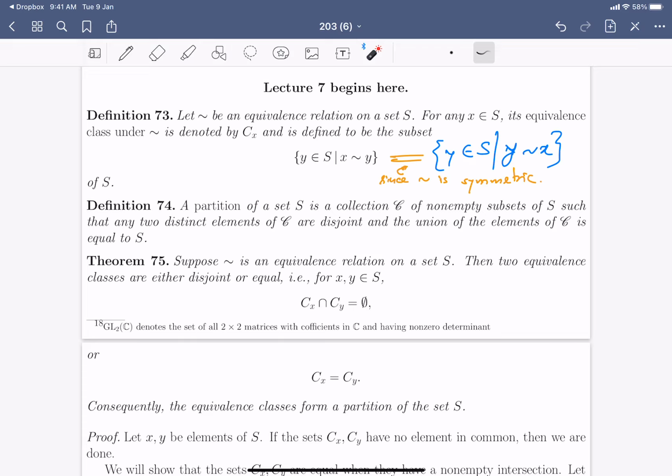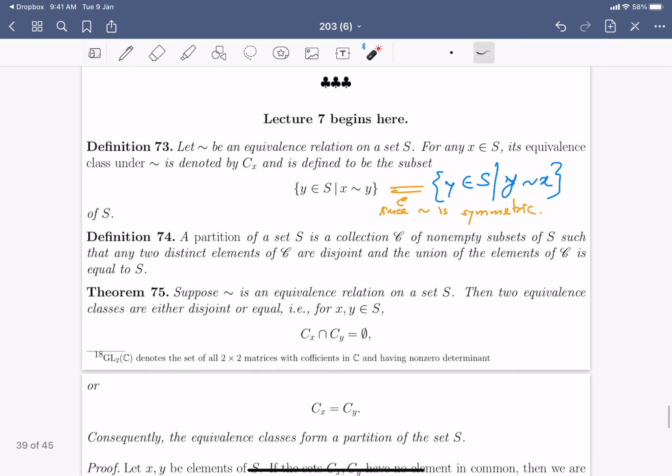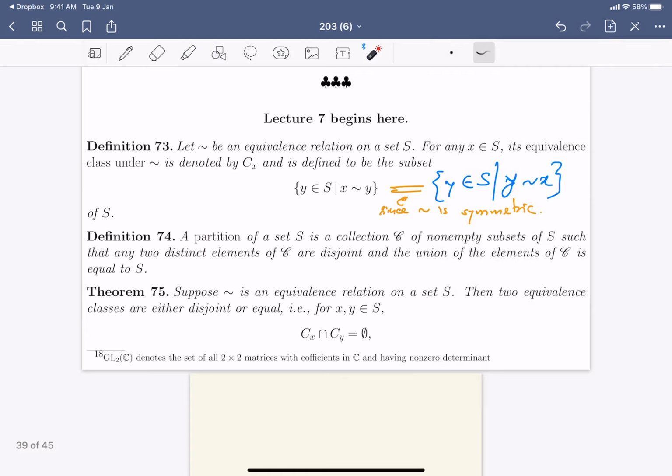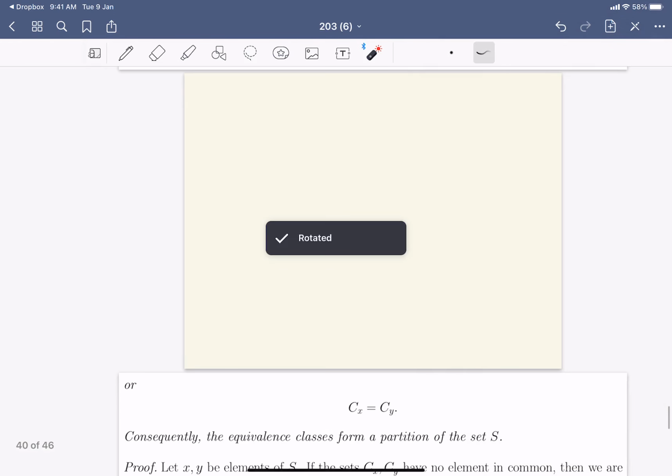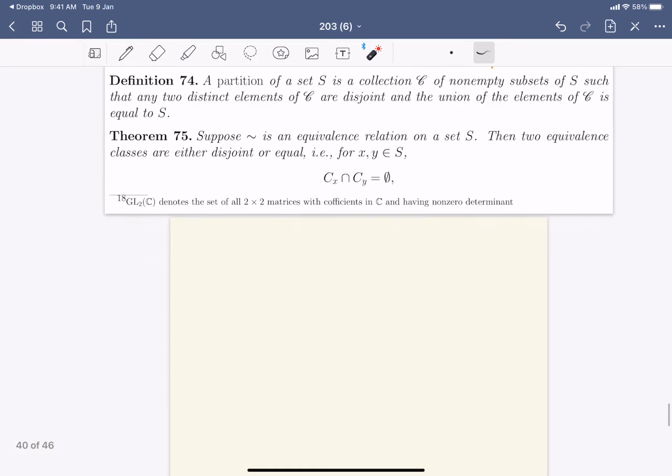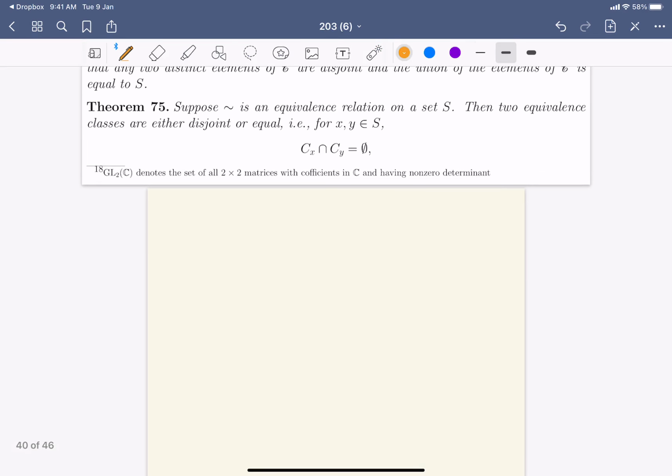Anyway, so now let me recall another notion that you might have seen at least in some form or the other. If you are given a set S, then by partition we mean something like this. Let me try to draw a picture. How do you view a set?